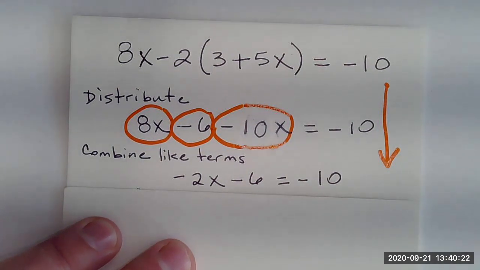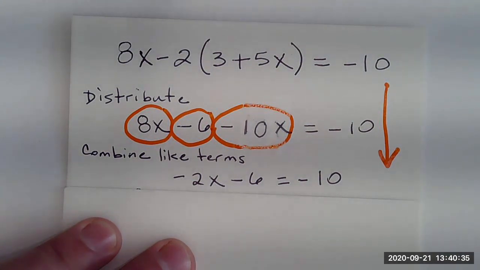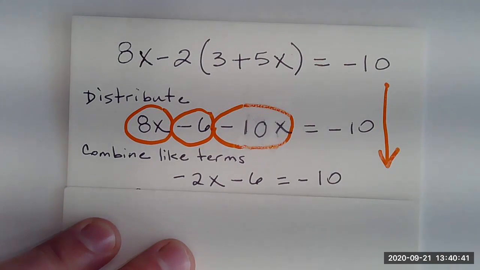Transcription errors and arithmetic errors are two very common errors. They don't address whether or not you can solve a problem. They have more to do with precision and perseverance. So be careful about those.